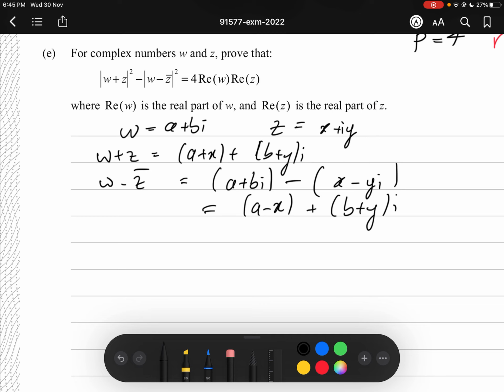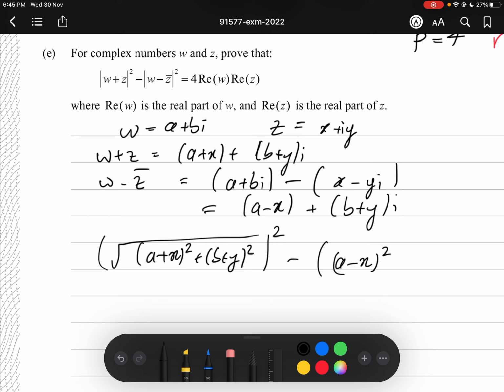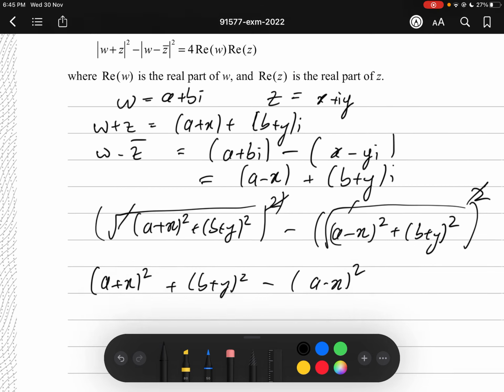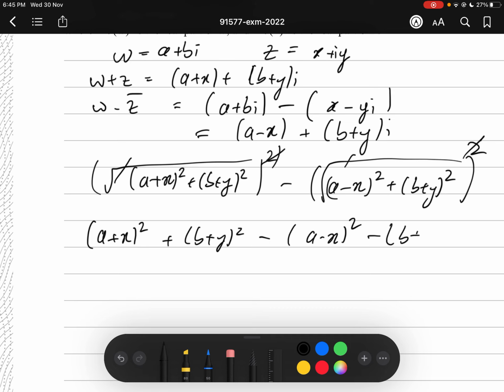So let's get an expression for the modulus squared. In this case, the modulus of w plus z is the square root of a plus x squared plus b plus y squared, and this whole thing squared, minus a minus x squared plus b plus y squared, square root, the whole thing squared, and then the square and the square root cancel each other out. So we will have a plus x squared plus b plus y squared minus a minus x squared minus b plus y squared.